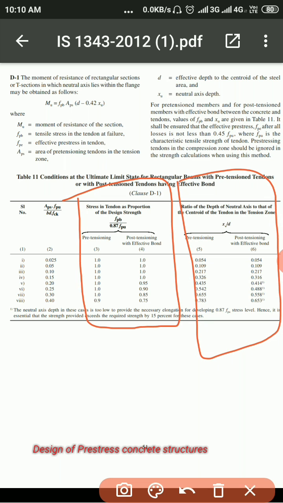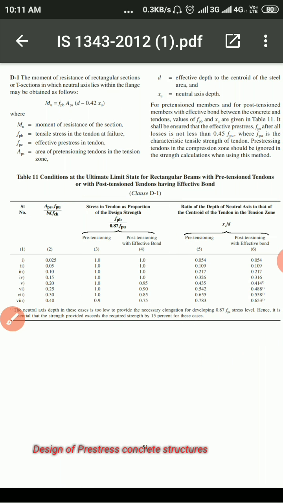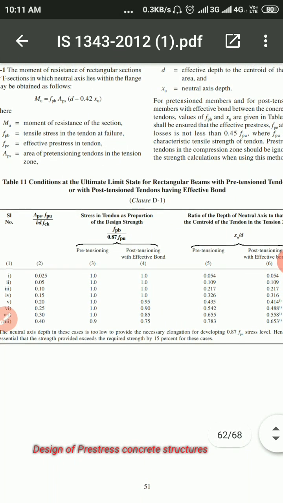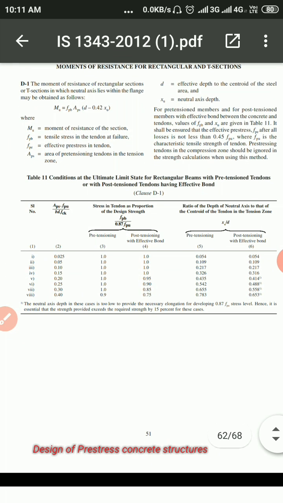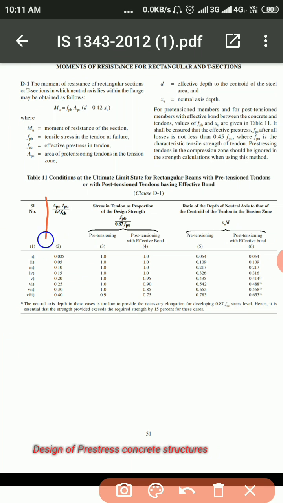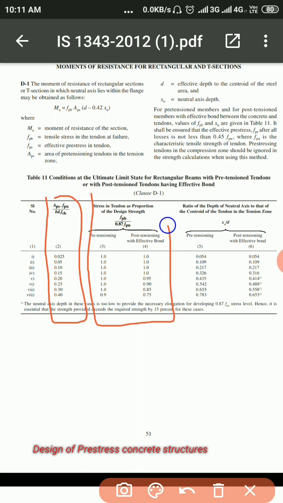Whatever FPB and XU values we consider are based on the ratio, and we will interpolate or directly take the values from this table. We calculate this ratio first, and according to that we get FPB, the tensile stress in the tendon at failure, and XU, the neutral axis depth.